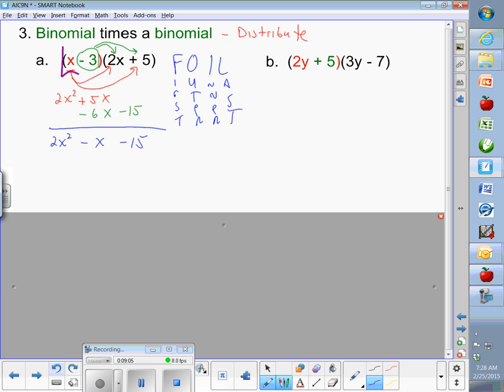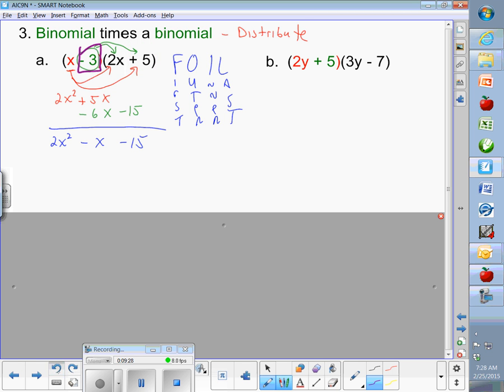Outer terms. Didn't we then distribute the x times the 5 and do the outers? We did, and got the 5x. The inners, here are the inner terms. Didn't we do next the -3 times the 2x to get the -6x? We did. And didn't we finally finish up with the last terms of each binomial? We did, and that's FOIL.